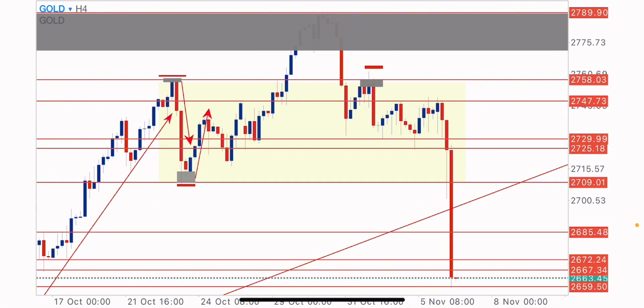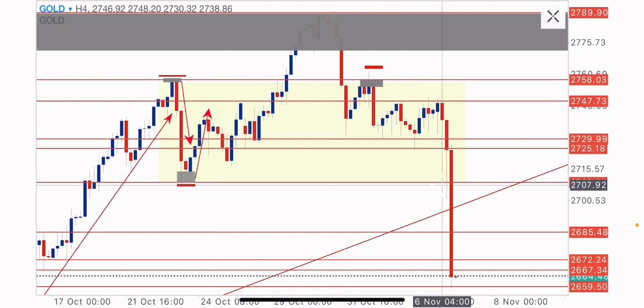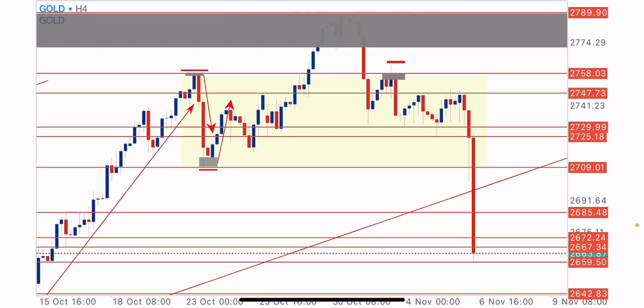Okay, we can see that this level was a bit of a consolidation level whereby the market was playing inside this price here until a breakout was made, right? So we can see that the market was inside this consolidation, which we have just highlighted here.